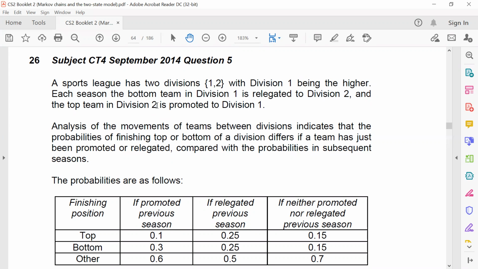And if you are in 1R, then you were relegated. No, no. Wait. If you go from 1 to 2, you get relegated, but you can reach 2 only through relegation. Okay, so you will have 2R and 2NR, and you will have 1P and 1NP. Does this make sense to you guys?